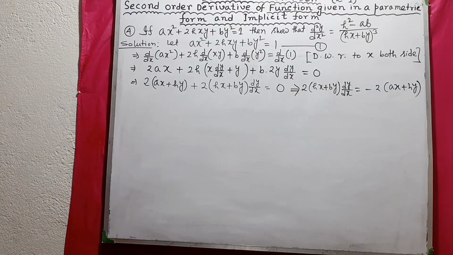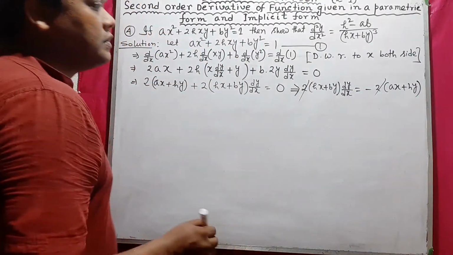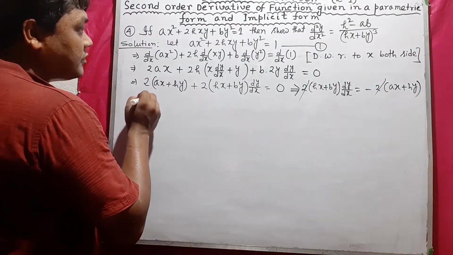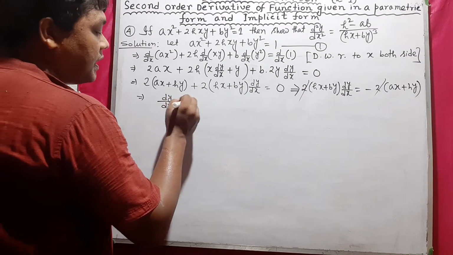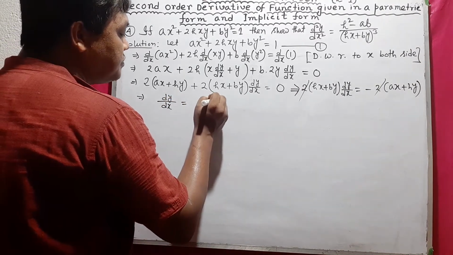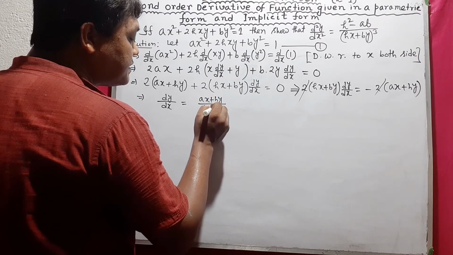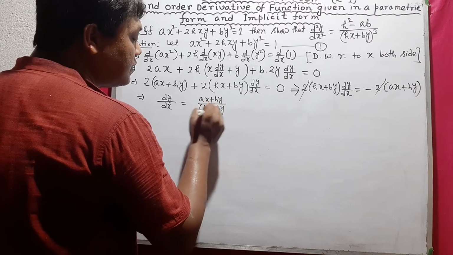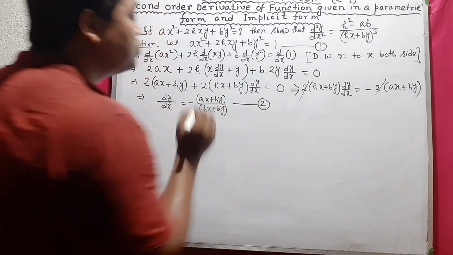You see that? So 2 cancelled. So dy/dx equals minus ax plus hy by hx plus by. This is equation number 2.